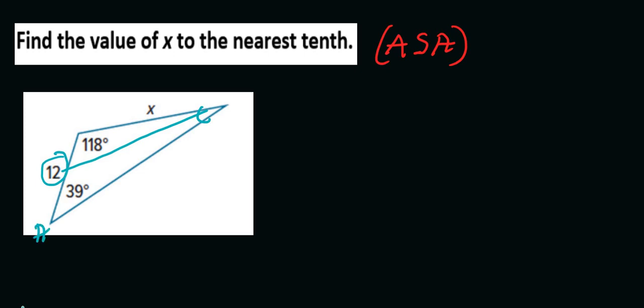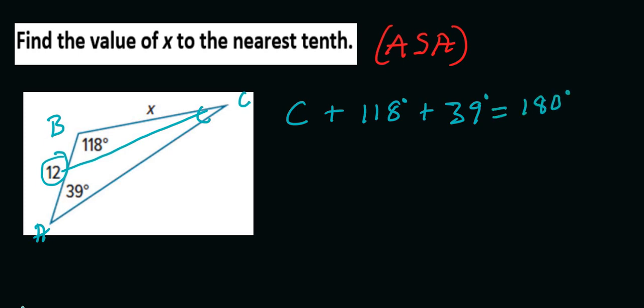A, B, and C. So this will be C plus 180 degrees plus 39 degrees equals 180 degrees.